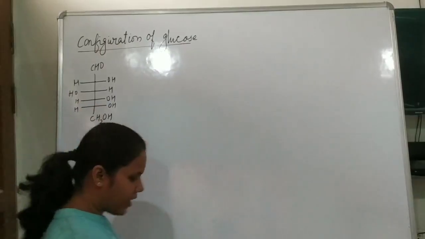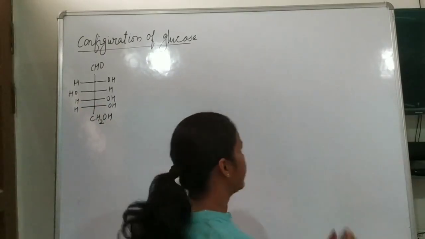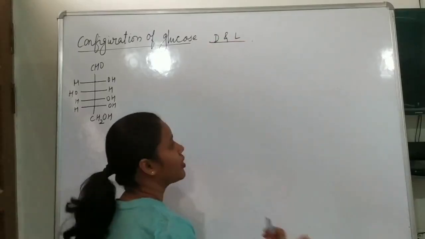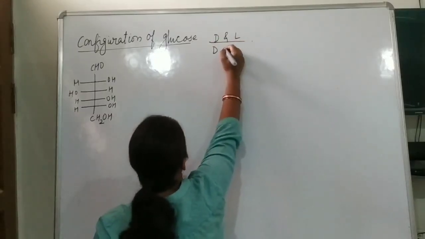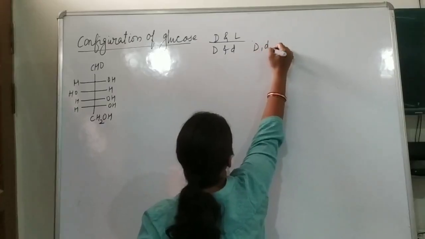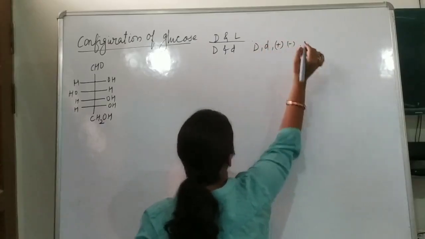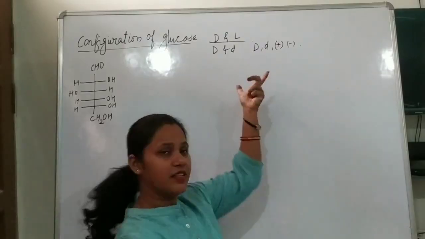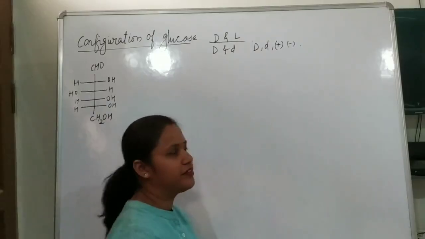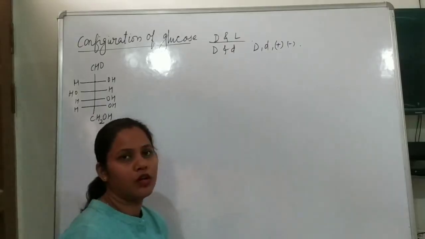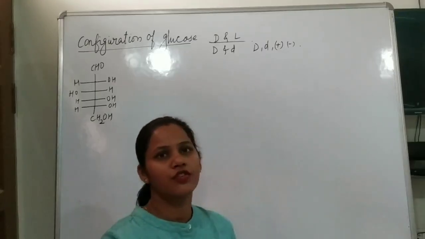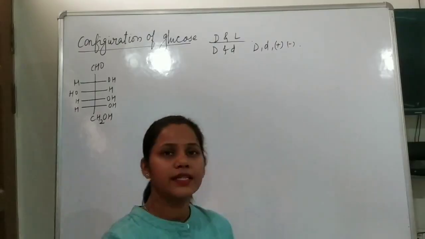So generally, you have seen that we often write it as the D and L configuration. What is the difference between capital D, small d, or the positive or minus sign? Are they the same or different? They are definitely different. Now what is the difference? Here what we are going to talk about is basically the relative configuration of glucose with respect to glyceraldehyde.